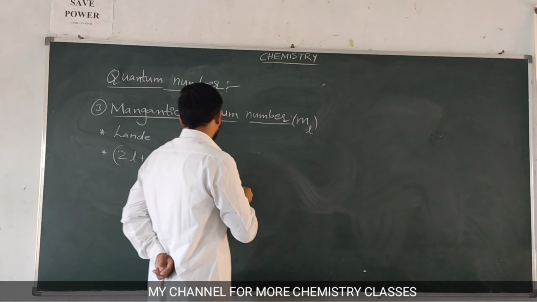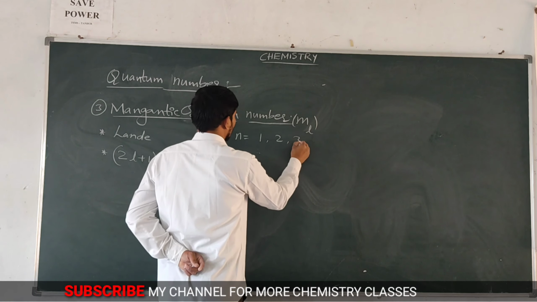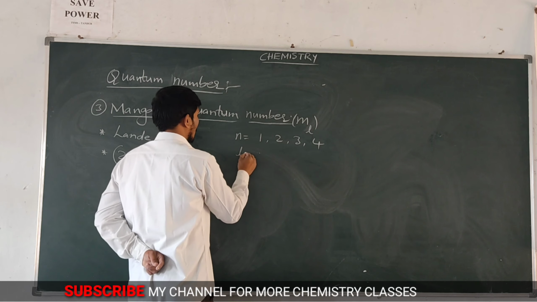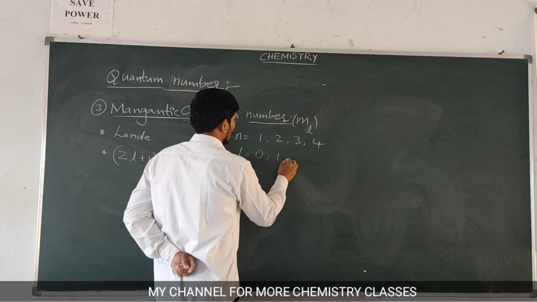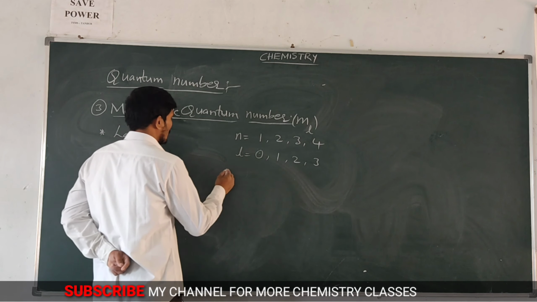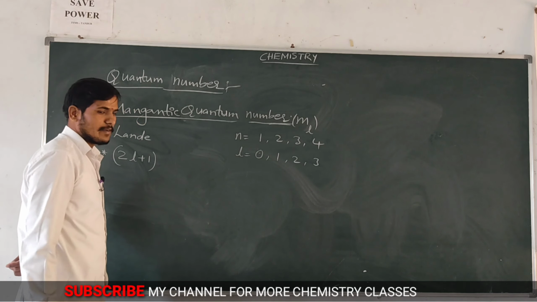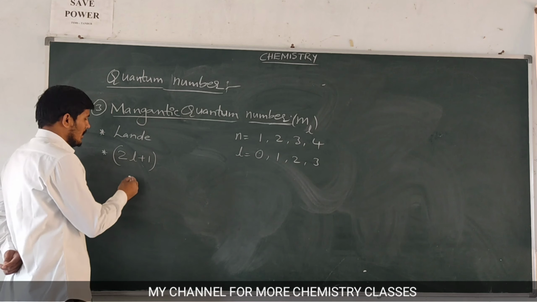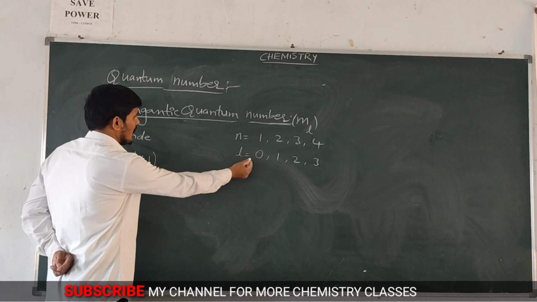For example, take n equal to 1, 2, 3, 4. These are the main shell values. Here L is equal to 0, 1, 2, 3. We find the magnetic quantum number values by using the 2L plus 1 formula, substituting the L values.